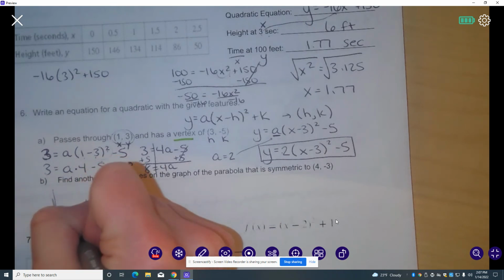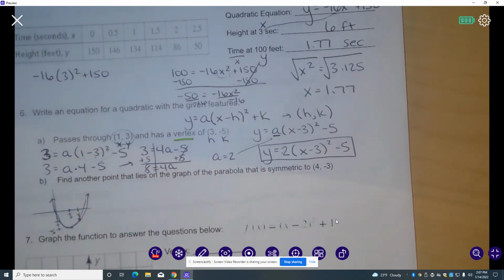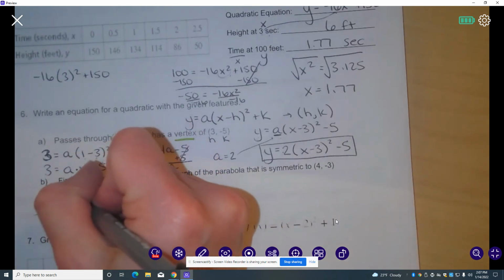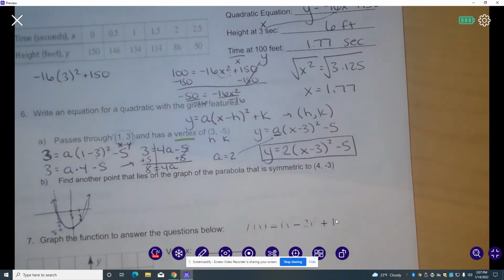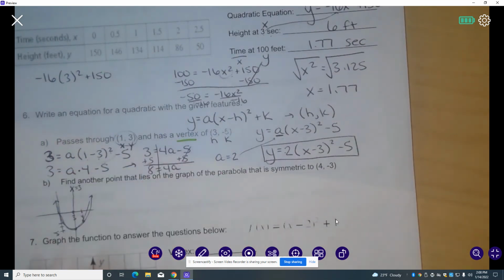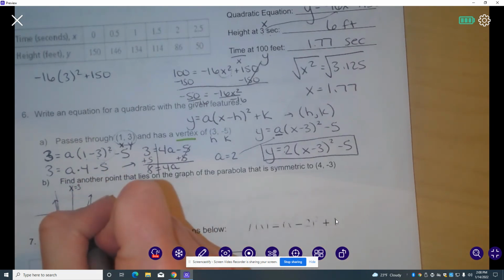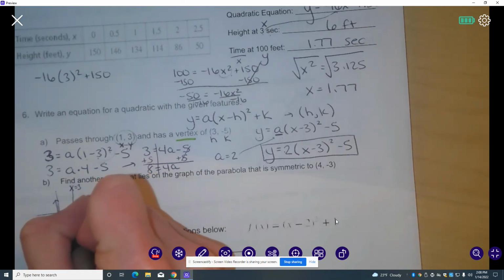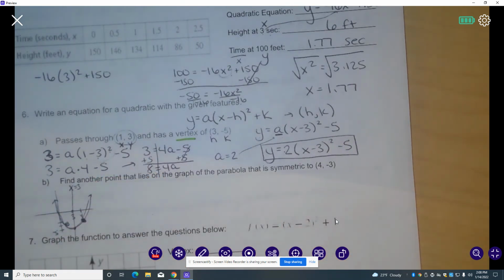I'm just doing a rough sketch here. Remember, parabolas are symmetric. Since our vertex is located at an x value of 3, I know my axis of symmetry is at x equals 3. What part B wants us to do is use this point on this side of the axis of symmetry to find what point is on the other side that's symmetric to it.